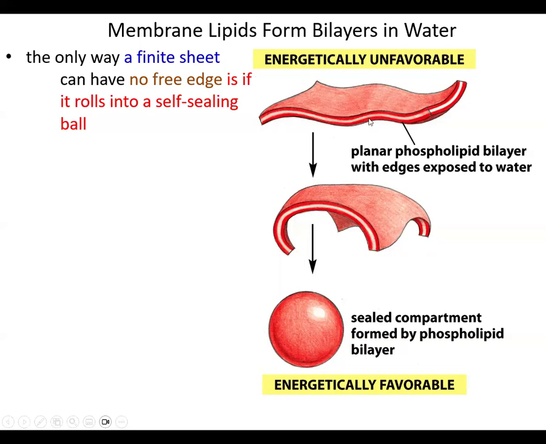So what spontaneously happens, simply because the universe is always striving to increase disorder, is that this planar sheet of bilayer begins to fold up into itself and will spontaneously form a sphere, because it's only this spherical structure that's going to have no exposed edge of hydrophobic tails.